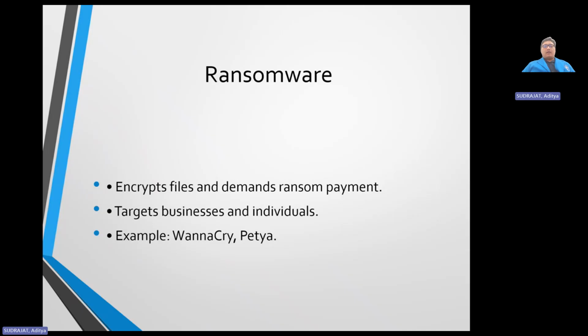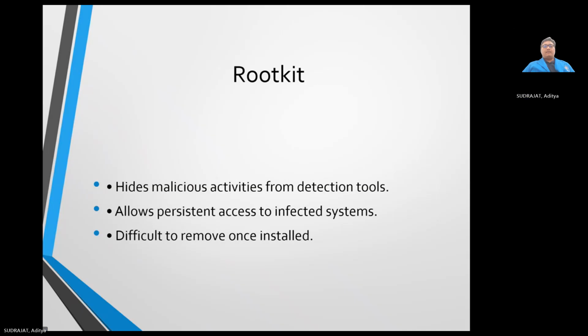The common ones that we know are WannaCry and Petya. Rootkit hides malicious activities from detection tools, allows persistent access to the infected system, and is difficult to remove when installed. It's like the malware is put permanently in our hardware.